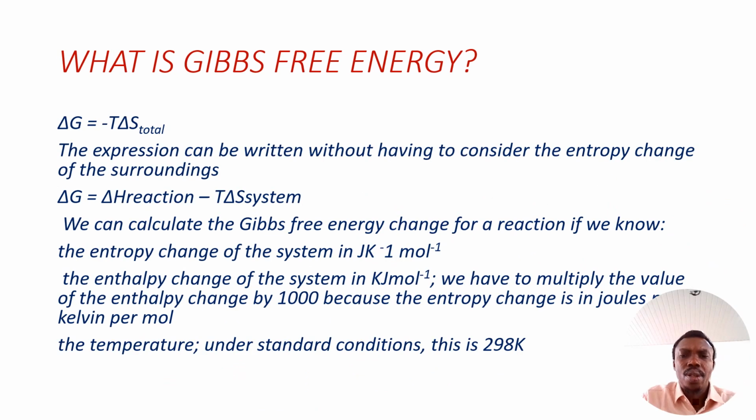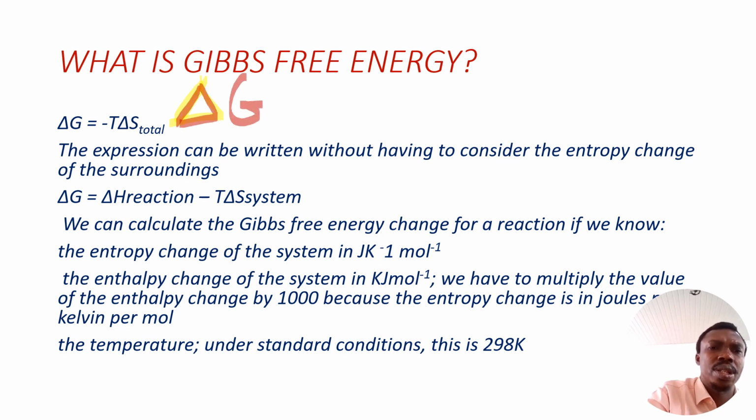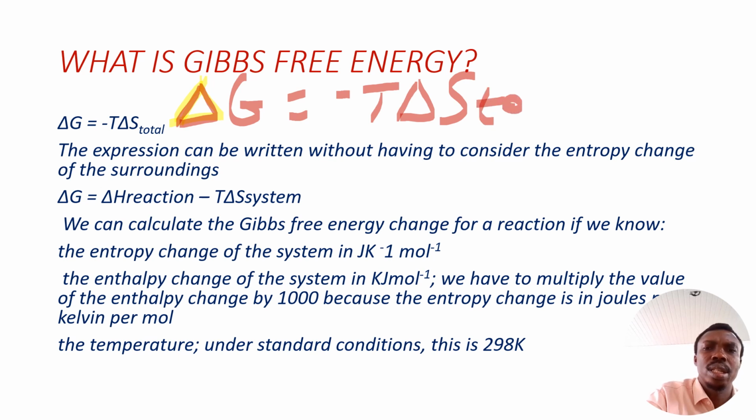So it's as simple as ABC. We've established the fact that delta G is equal to minus T delta S total, which is the total entropy.